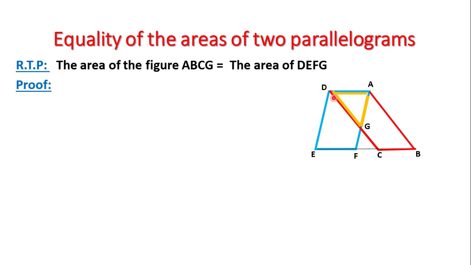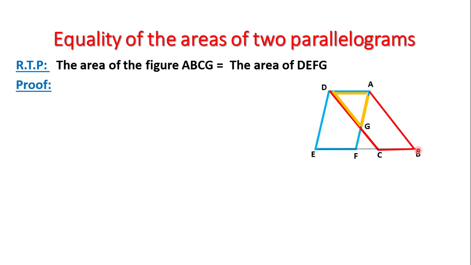Why? We said we have two conditions. The parallelograms have a common base. AD is a common base. This is the first condition. The second condition, they are between two parallel lines. AD is parallel to BC, and B, C, F and E are on the same line.